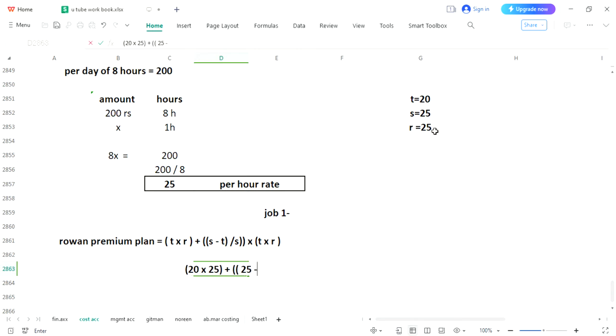You need to subtract, please follow it, the time taken was 20, bracket closed, divided by standard time, that was 25, again bracket closed, and then you will multiply, bracket open. The last part of this row is t multiplied by r: t was 20, multiplied by small r, which was 25, bracket close. So our statement is completed.